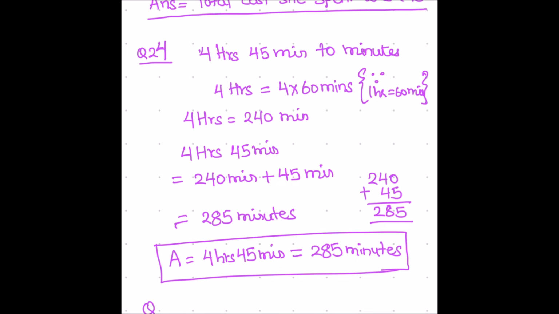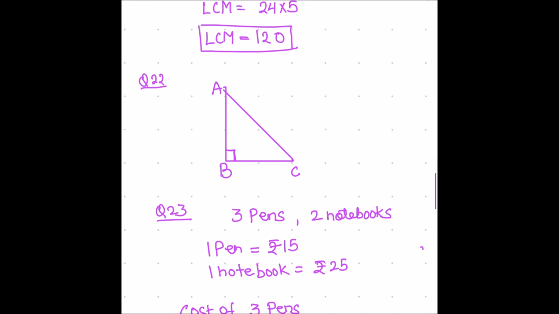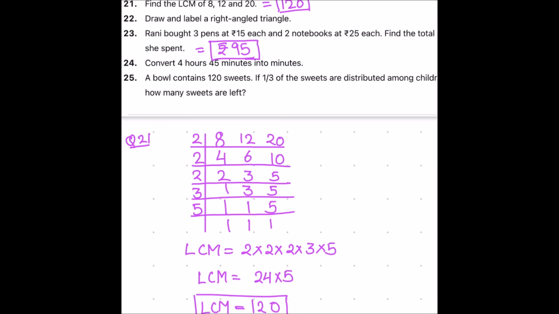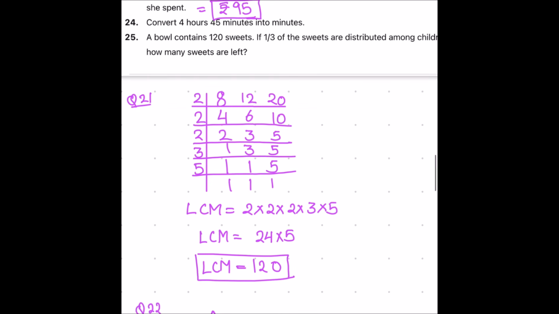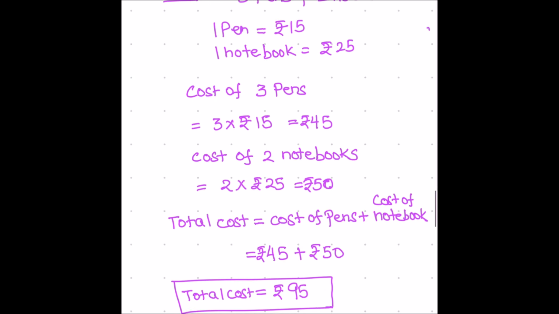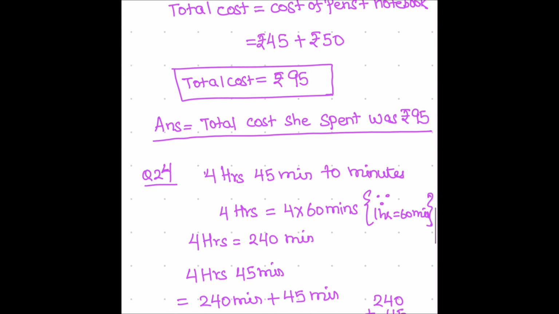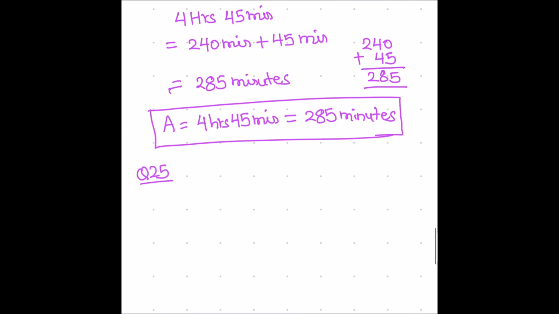Let's move on to the next question, question 25, which is a bowl contains 120 sweets. If 1/3 of the sweets are distributed among children, how many sweets are left? 1/3 are distributed and total sweets are 120. So let's solve question 25 here.